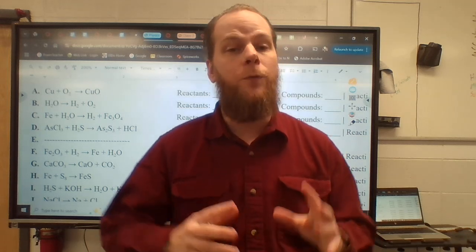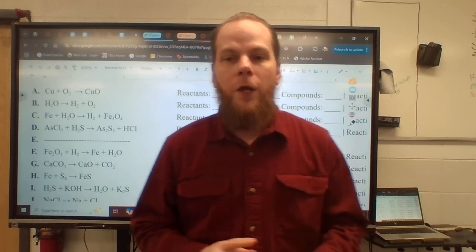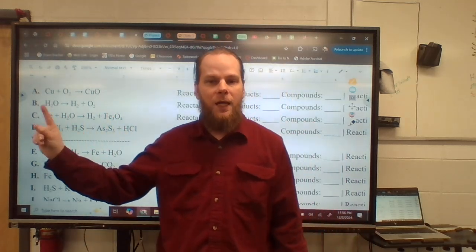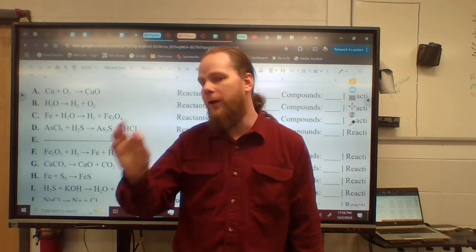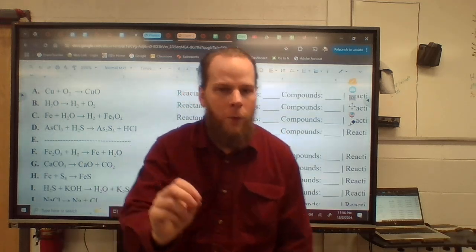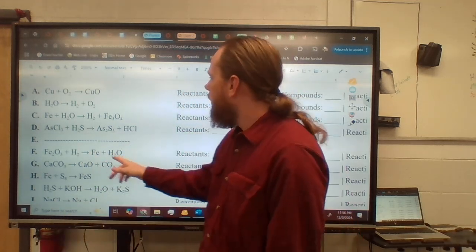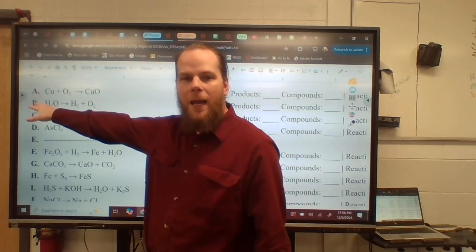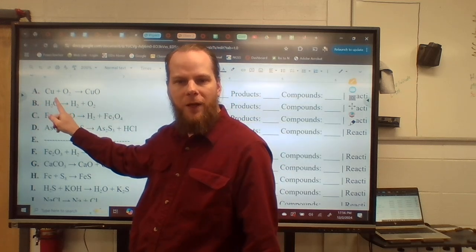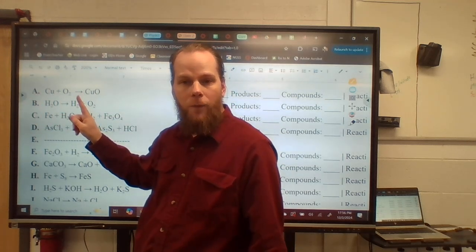When we were counting, we were looking at chemical formulas. When we were identifying bond types, we were looking at chemical formulas. So you need to be able to look at a chemical equation and figure out how many formulas are in it. A chemical formula cannot include a plus sign or an arrow.